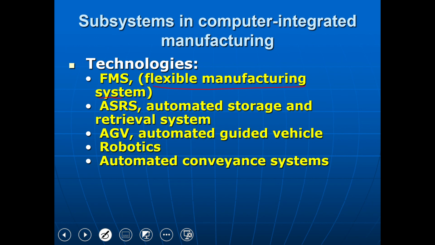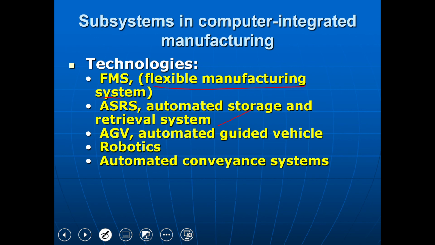Normally they have a fully automated system to run FMS, and then ASRS, the automatic storage and retrieval system. For the automatic storage and retrieval system, they can use an AGV robot to take the material from the warehouse automatically, put it on the AGV, and then bring it to the production site.